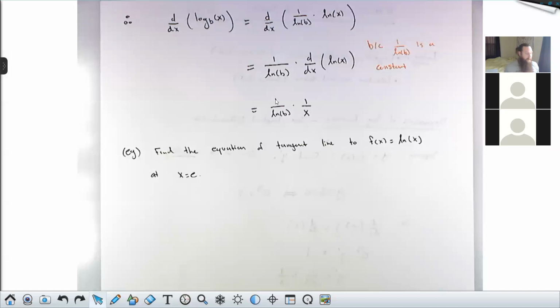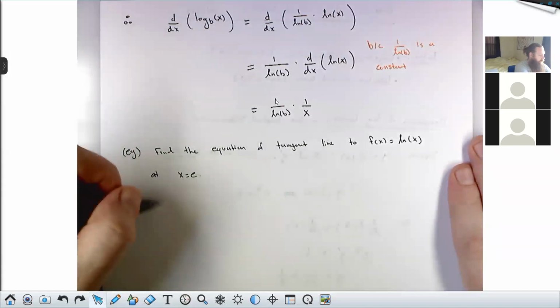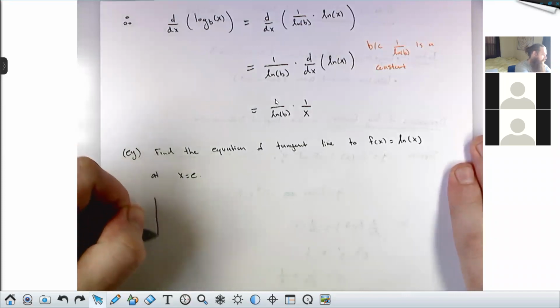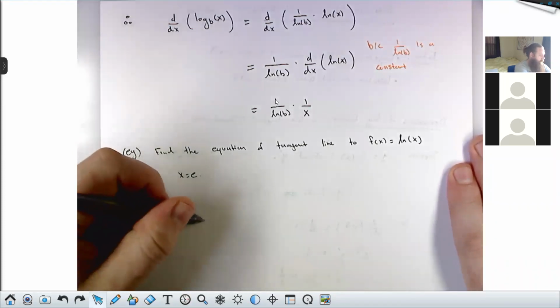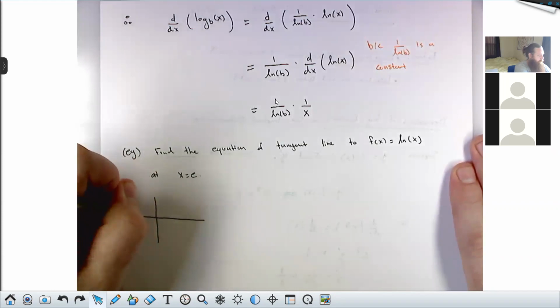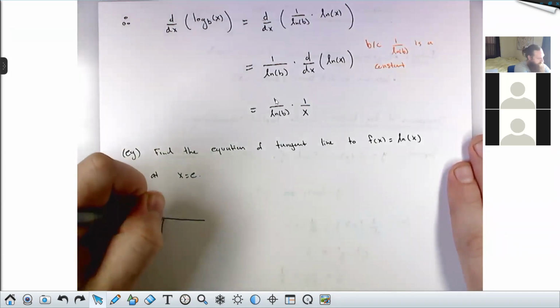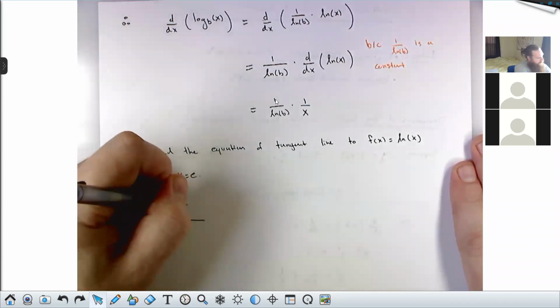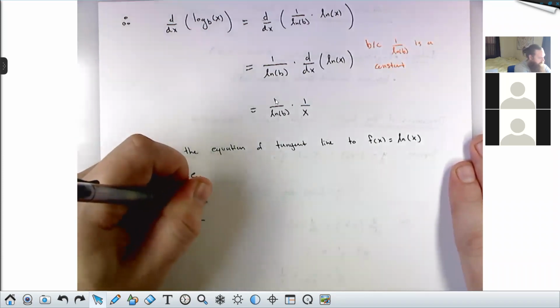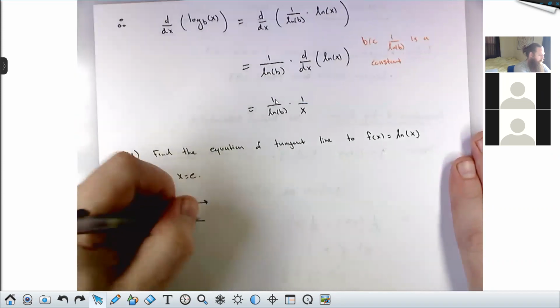Just because I care a lot about this, I want you to draw the graph of the natural log function. I know that it's possible to get through pre-calculus without remembering what this graph looks like, and I think that's a goddamn tragedy. So here is what the graph of the natural log function looks like.